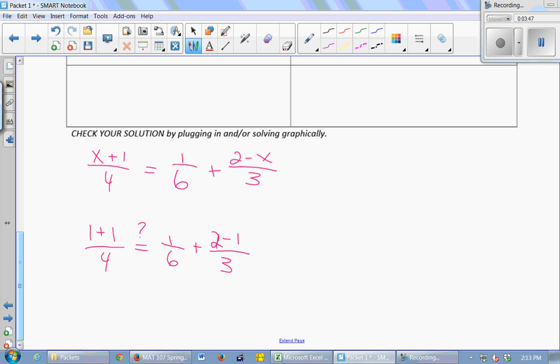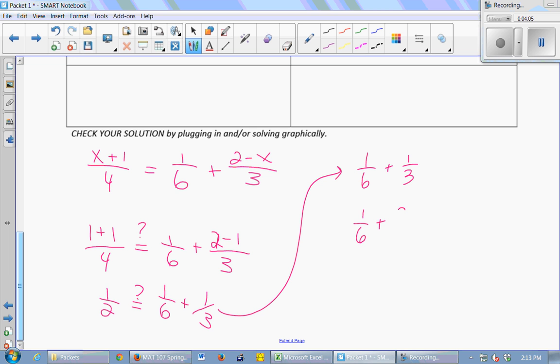Well, 1 plus 1 over 4 is 2 over 4, or 1/2. And then this is 1/6 plus 1/3, which is the same thing as 1 over 6 plus 2 over 6, which is 3 over 6, which is 1/2. So they are the same. It is definitely a solution.